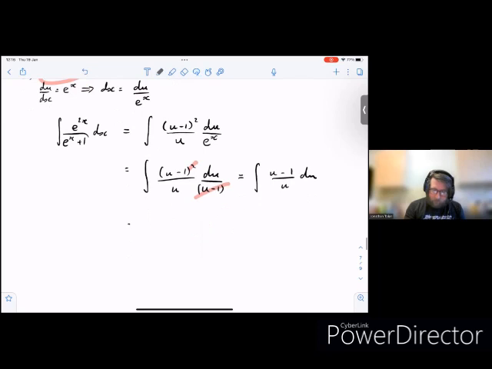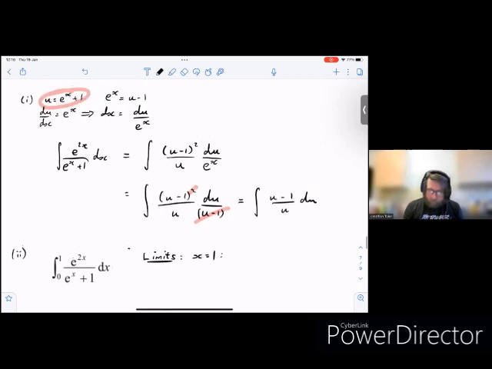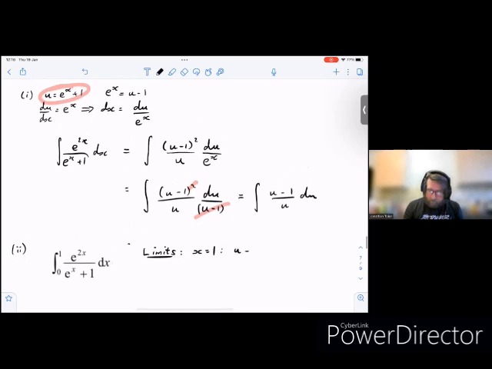For part 2, we need to sub the limits. So when x equals 1, what was our sub? u will equal e to the 1 plus 1.